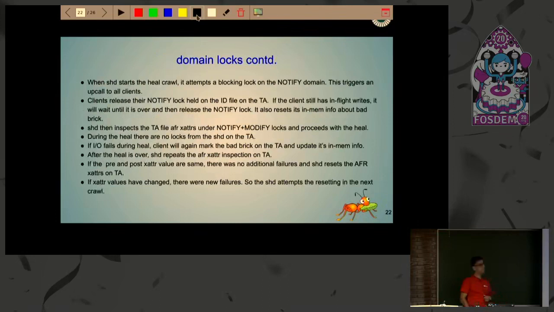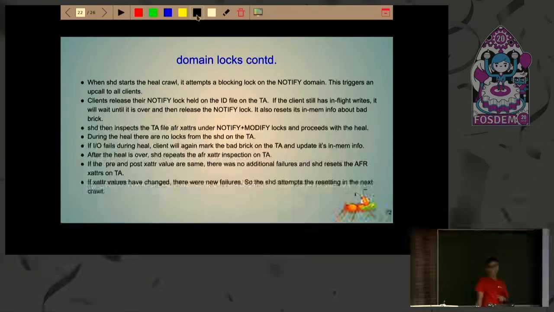When the self-heal daemon starts to heal the files in the volume, it will attempt to take both the notify and the modify locks. Because of the lock contention feature available in the locks translator, it will send an upcall notification back to the client. If there are ongoing writes in the client, it will complete the writes and then release the notify lock.